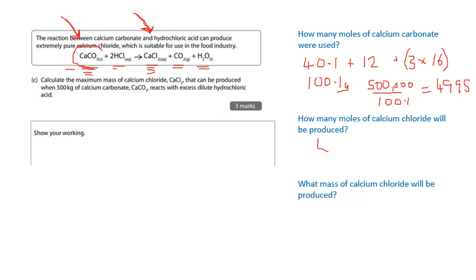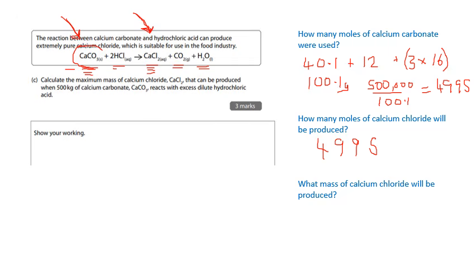How many moles of calcium chloride will be produced? Well, I reckon that is going to be 4995, because I know that the ratio is 1:1, looking at the equation. What mass of calcium chloride will be produced?